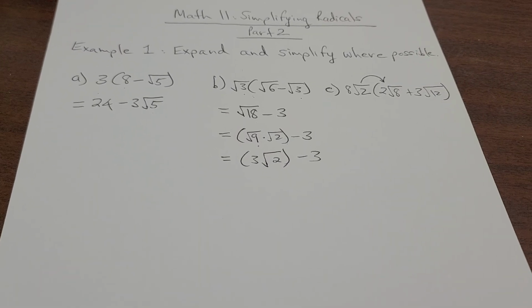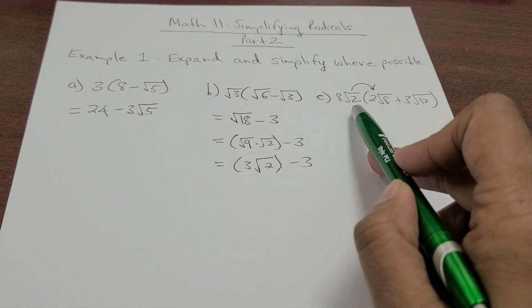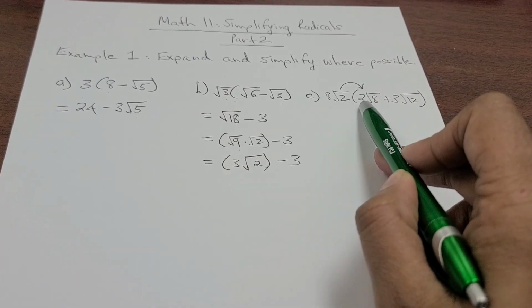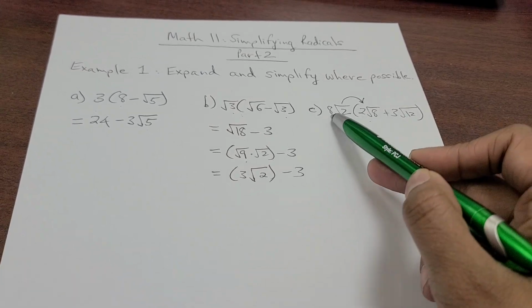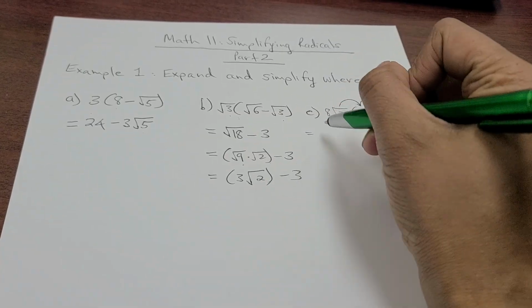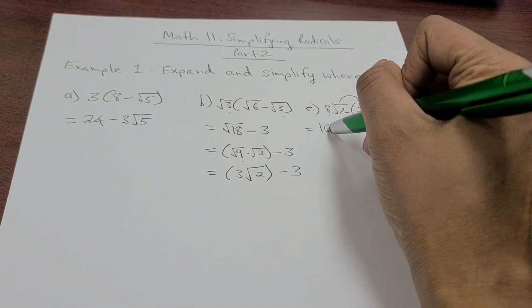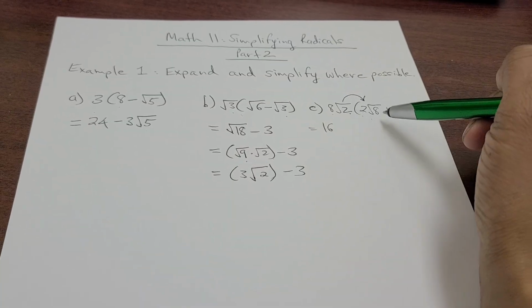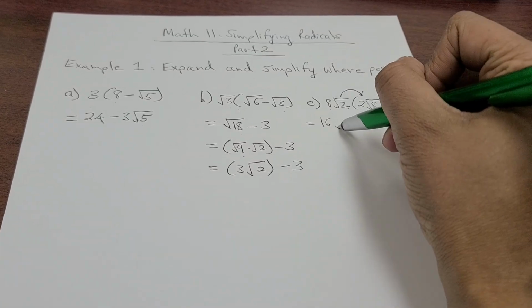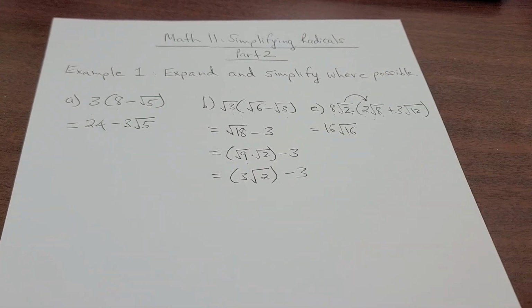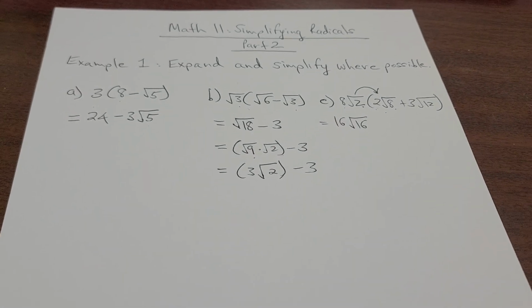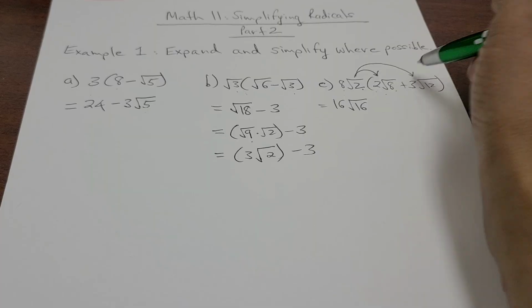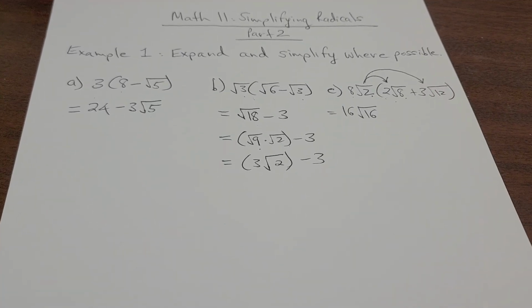So when you have 8 root 2 times 2 root 8, the numbers that you have on the outside, we're going to multiply them. So I'm going to do 8 times 2, so 16. Okay, and then when you're doing 2 times 8, this is square root 16. Okay, like this.